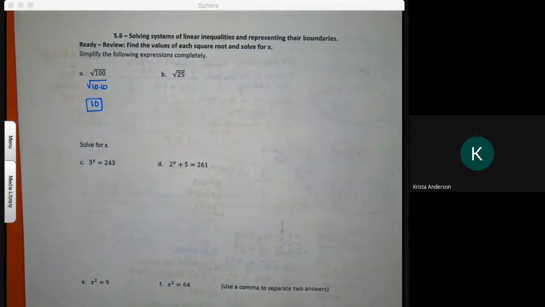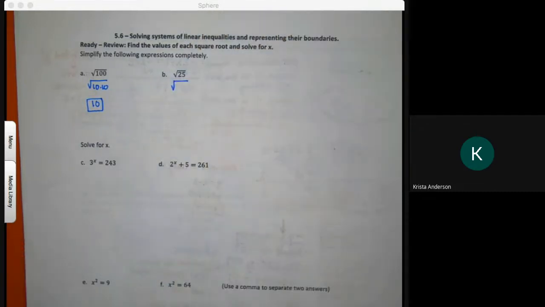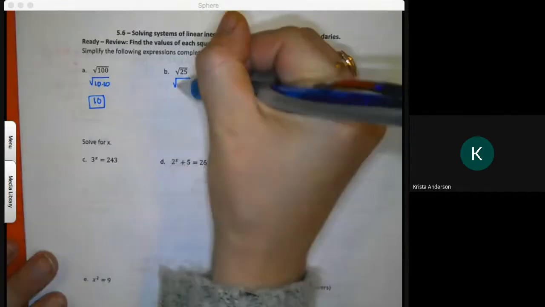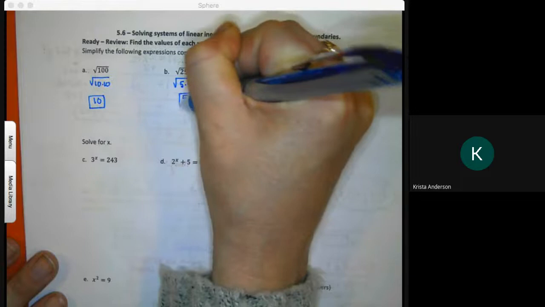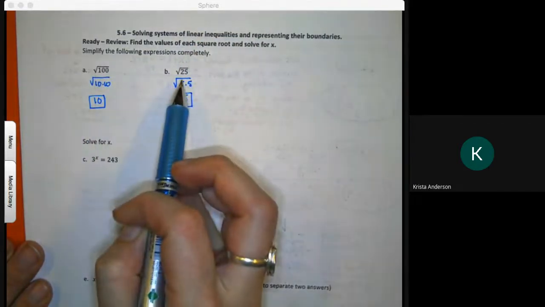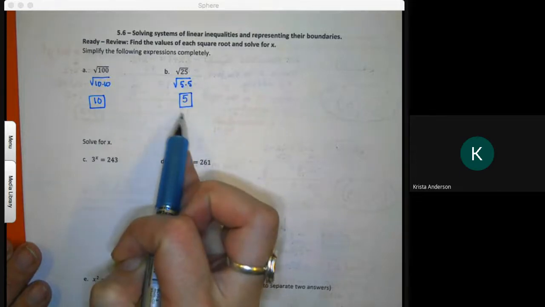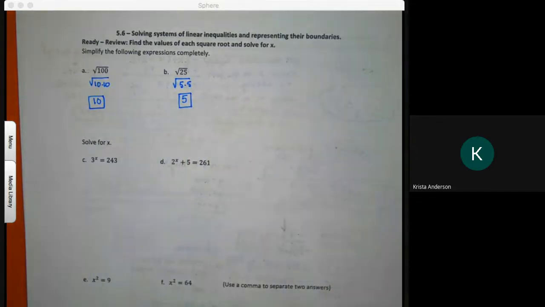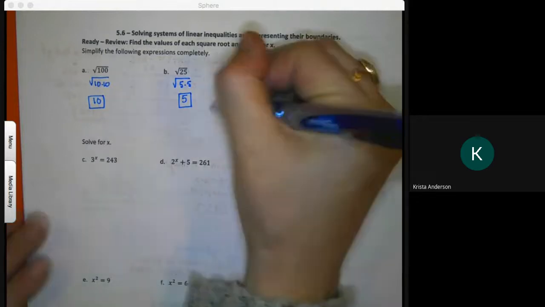So if I apply that to 25, who knows what 25's value would be? 5, because it's 5 times 5. So you can skip writing it out, but that is why the root goes away, because there are 2 of them. These are called perfect squares.